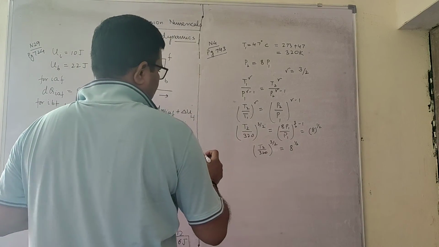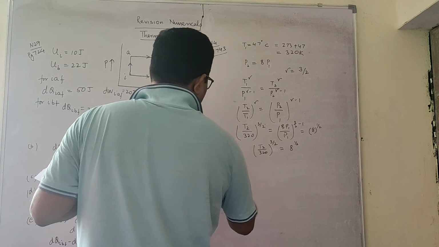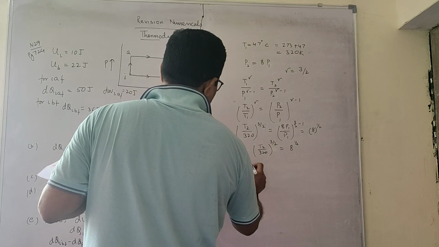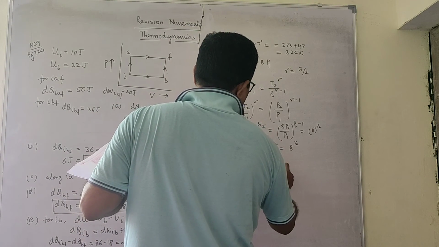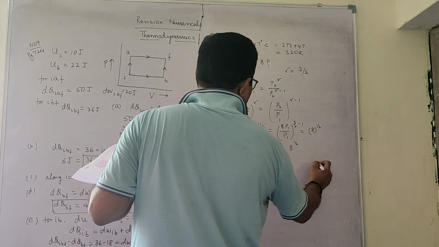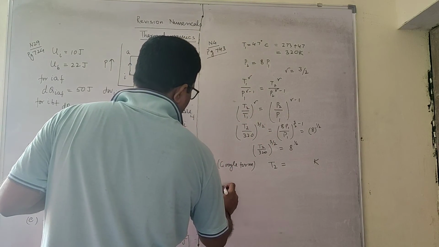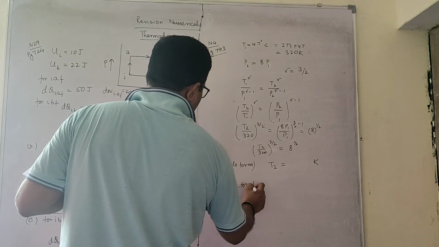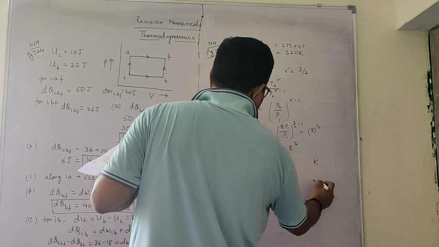There are two questions for the Google form. Question number 1: solve for T2 in Kelvin. Question number 2: T2 in degree Celsius.